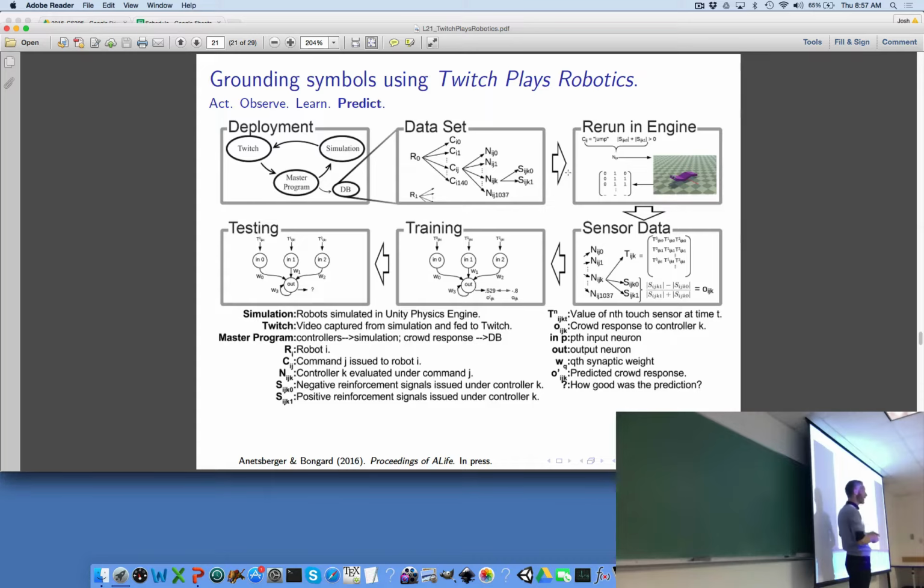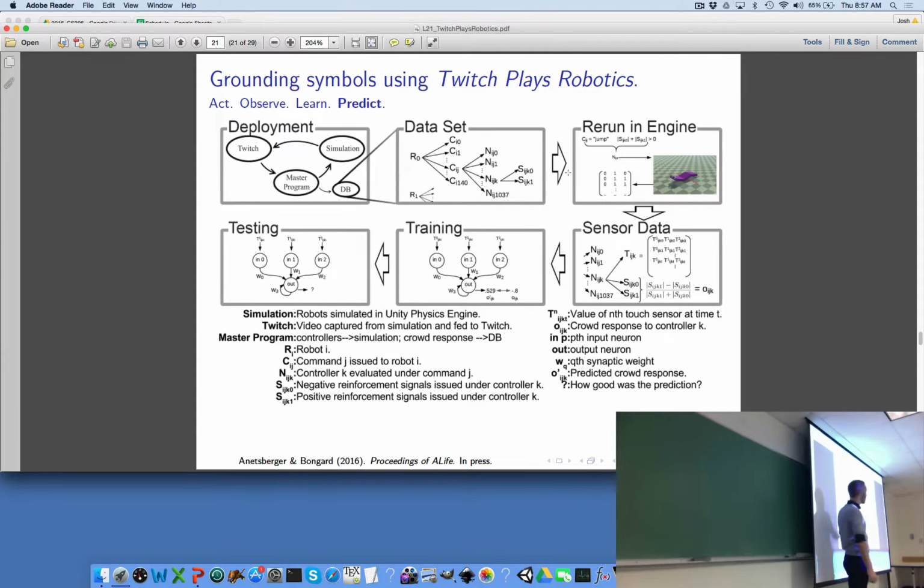That's what the question mark means here. And now we wanted to see how well it does on predicting the crowd response on that unseen data, right? So continuing the metaphor here, we gave the neural network a new exam that it had never seen before. And if it did well on the new exam, that's a pretty good indicator that it's figured out what in all of this touch information the crowd was originally responding to.